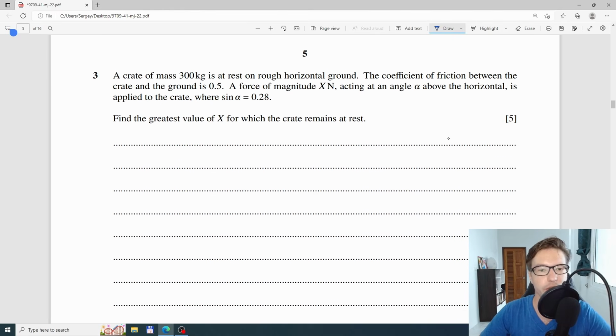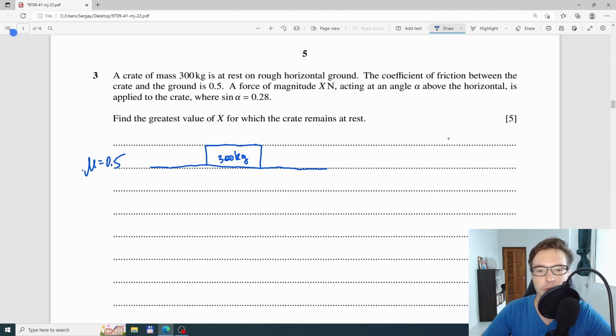Again, I'm going to start with the diagram. We've got the horizontal ground and a crate of mass 300 kilograms. We've got the coefficient of friction, mu, equals to 0.5.